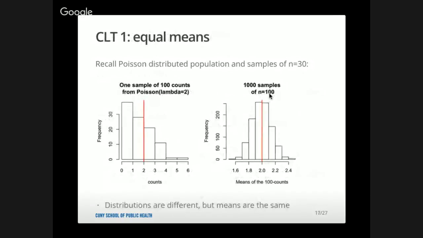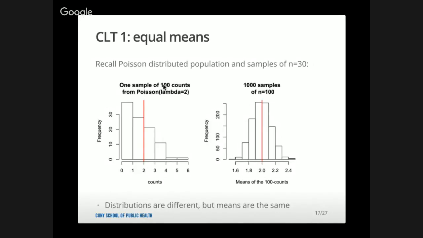I'm going to demonstrate them to you. This first component of equal means, using the example that we looked at in detail, our one sample of 100 counts. It has this skewed kind of distribution, but the mean on average is going to be 2.